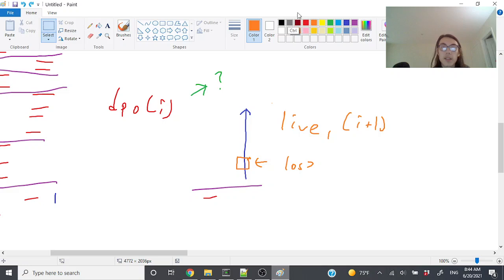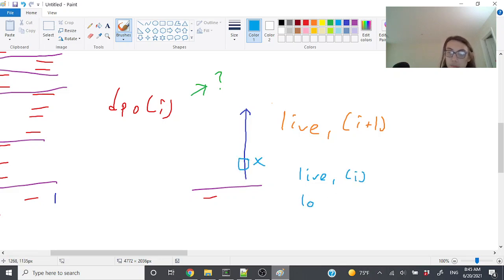So let's consider we're computing, I'm gonna use, I don't know, turquoise or whatever. So for computing live1 of I, if we lose here, then the answer is just I. It means we die at this position. Note that this is like exclusive, so this means like live I is actually the position where we die, or where we lose.